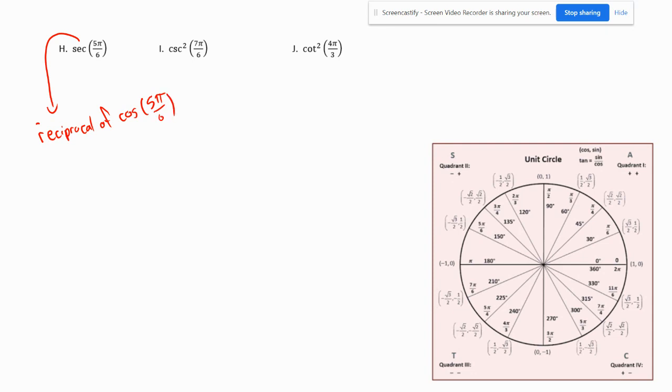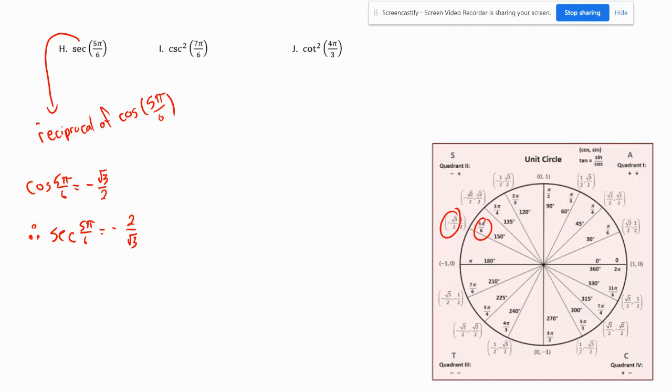So what I'm going to do, we're not going to do this every time, but if we find 5 pi over 6 here, cosine is negative root 3 over 2. So I'm just going to write down cosine of 5 pi over 6 equals negative root 3 over 2. Therefore, secant of 5 pi over 6 equals negative 2 over root 3.